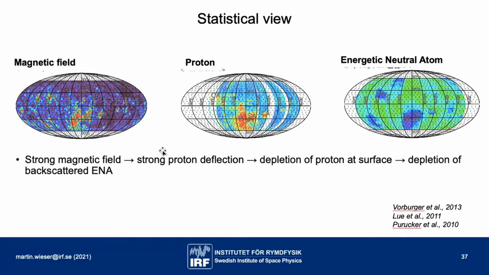A bit more statistical view. So we move away now from the Gerasimovich anomaly to a more global view of the Moon. And here also I can show that generally the magnetic field strength corresponds to strong proton reflection, which is the middle plot, and it corresponds to depletion of backscattered ENAs.